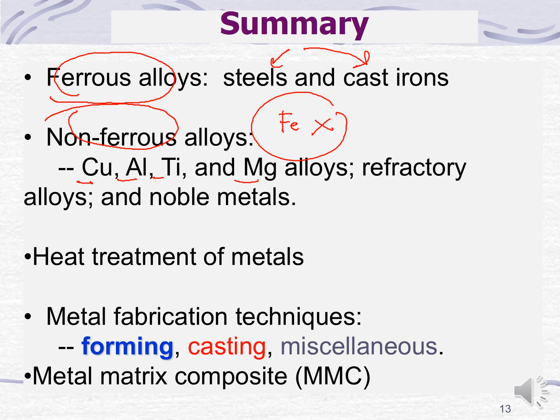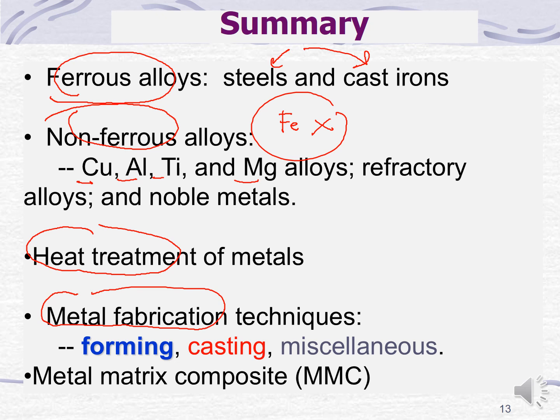And you have learned about heat treatment of metal: annealing, tempering, quenching, spheroidizing. So that's all about the heat treatment process. You have also learned about metal fabrication techniques: welding, casting, forging, rolling, and others.